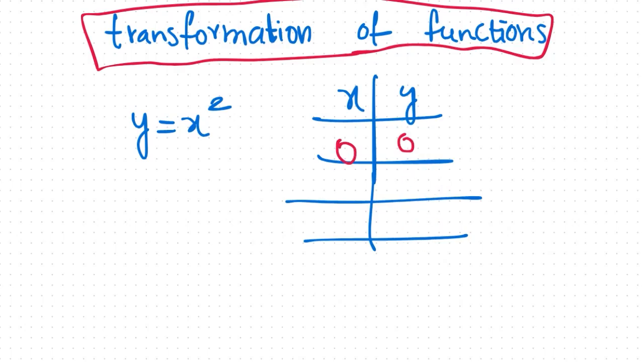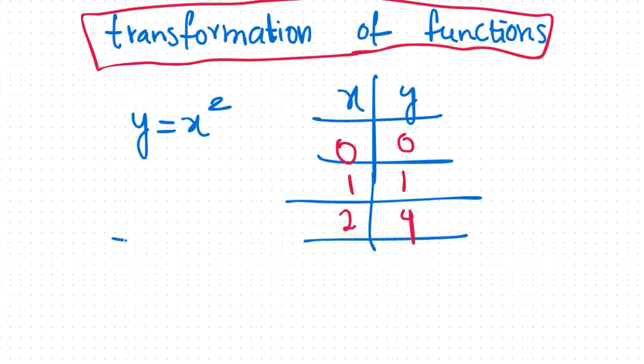So 0 for 0, 1 for 1, 1 for minus 1, 4 for 2.